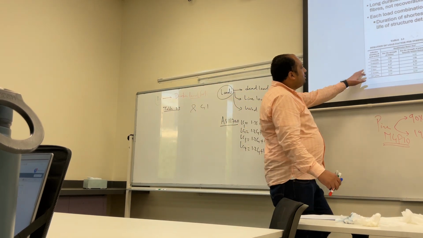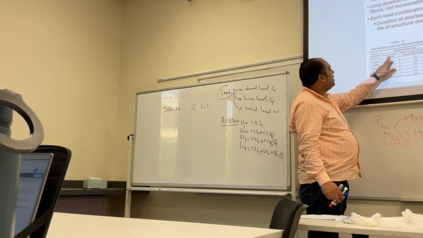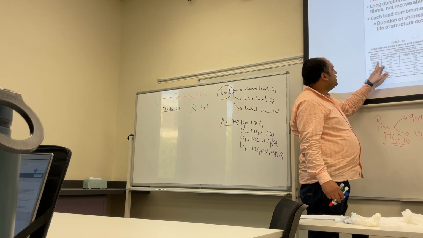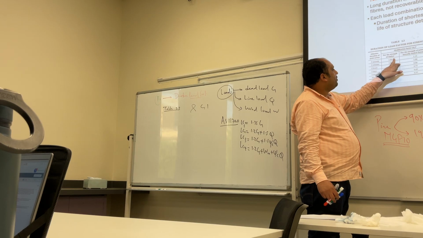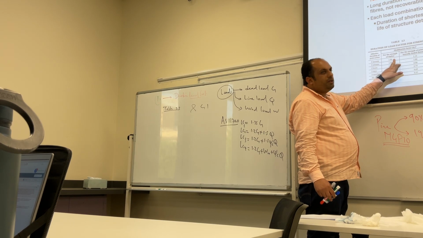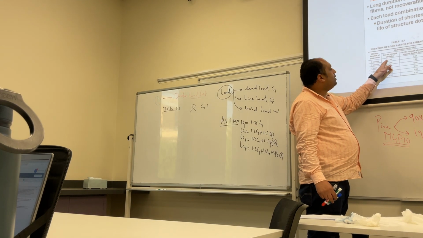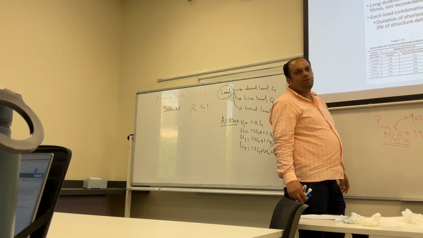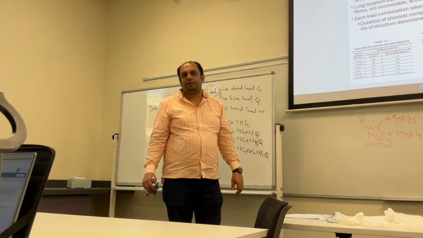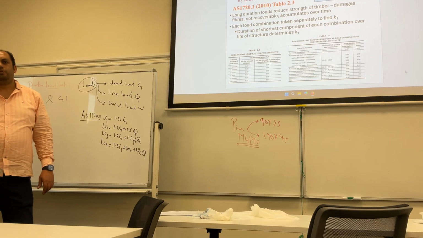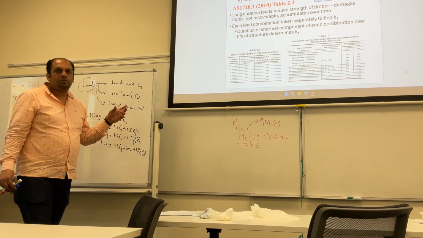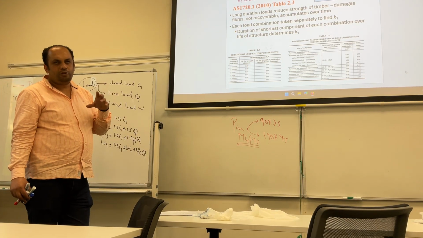So if we look at this table, if the load is applied for 5 seconds, how much is the factor? K1, 1. So K1 is 1 for 5 seconds. Which load will be applied for 5 seconds, for example? Wind load. The wind loads are applied for short duration.